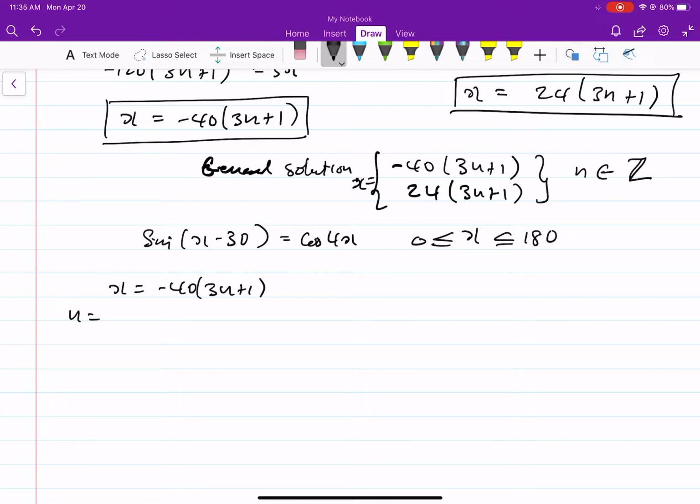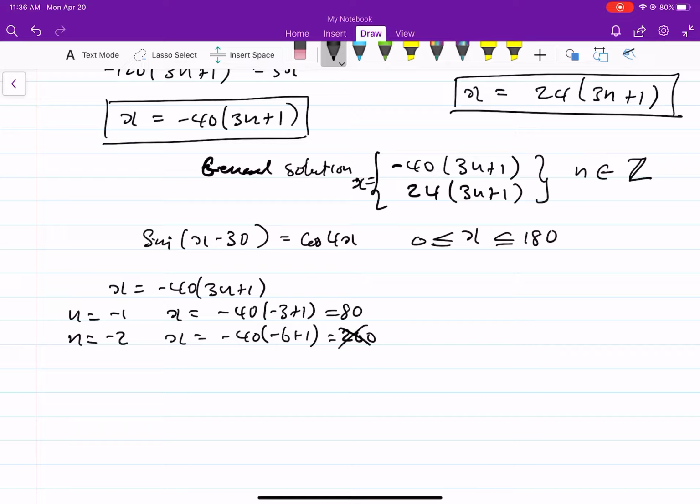When n is minus 1, x is minus 40 into minus 3 plus 1, which is minus 2, times minus 40, that will be 80. When n is minus 2, x will be equal to minus 40 into minus 6 plus 1, that's minus 5. This gives me 200. So that's clearly gone outside of the domain that I'm looking for.